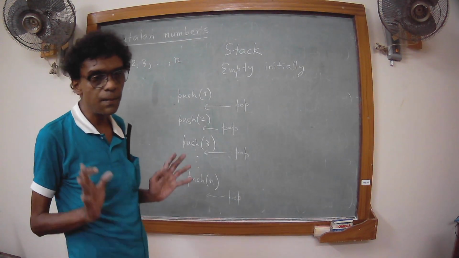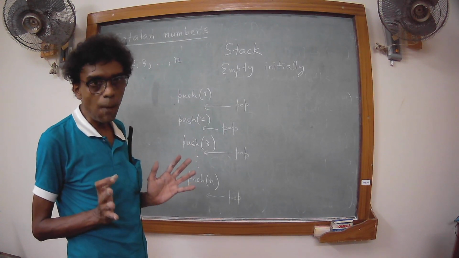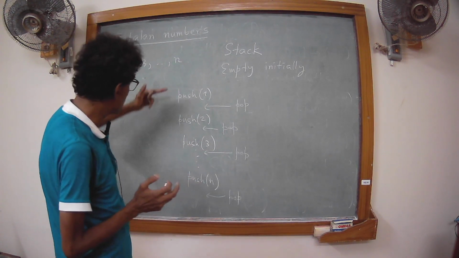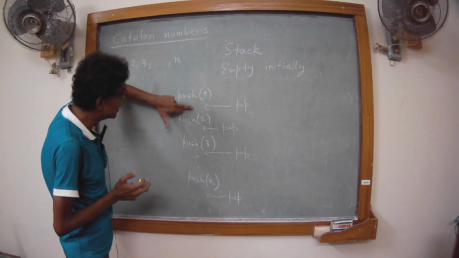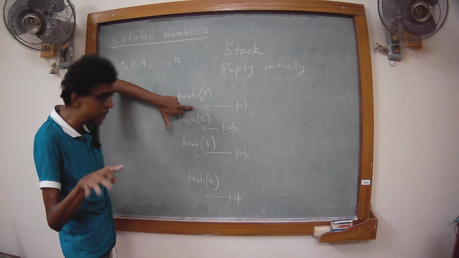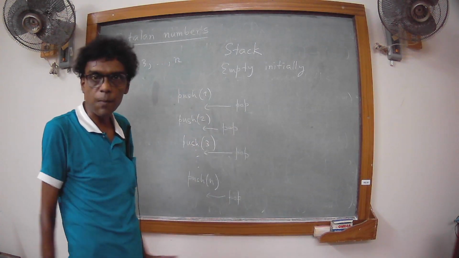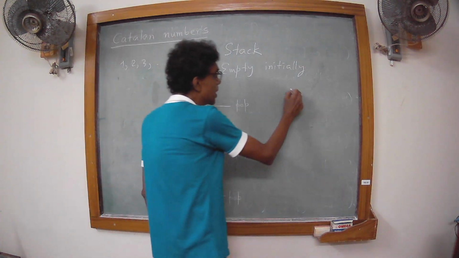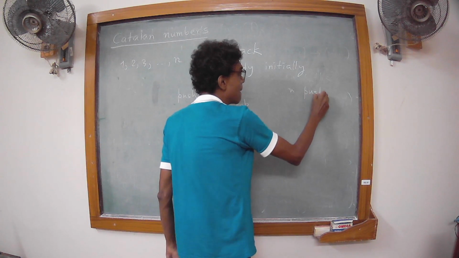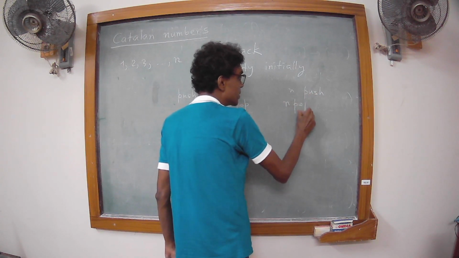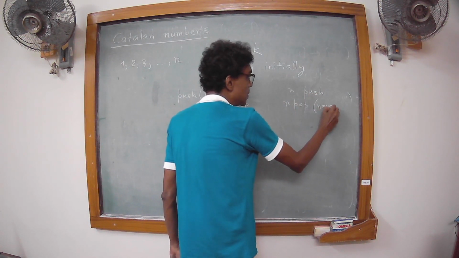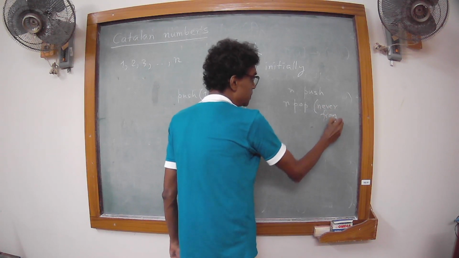You never make an attempt to pop from an empty stack. For example, if it is push 1 and you say pop 1, the stack becomes temporarily empty. Before pushing 2, you are not allowed to make another pop operation. So, n pushes, n pops, never from the empty stack.